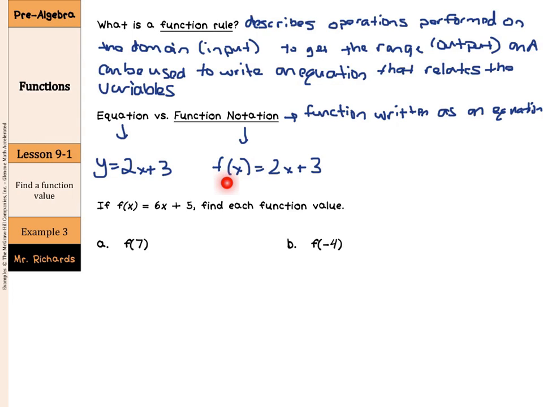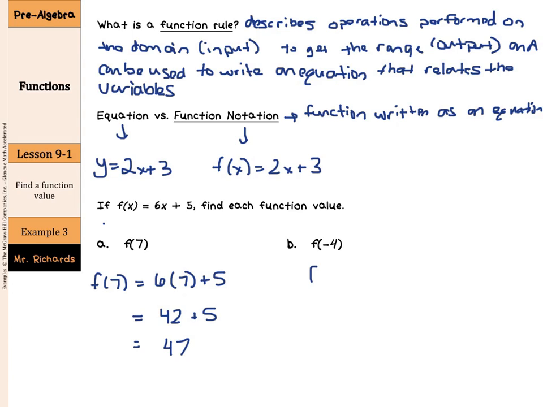Now, when it gets down to our examples here, if f of x equals 6x plus 5, find each function value. Well, for f of 7, we're going to say 6 times 7 plus 5. We substitute in the 7 for x. That's going to equal 42 plus 5, which is 47.